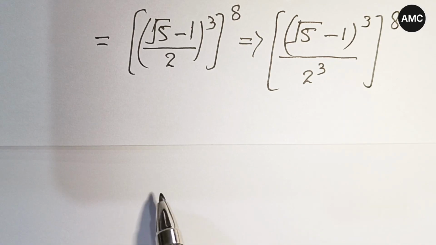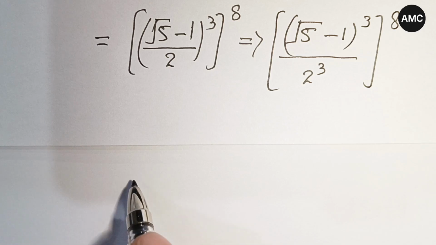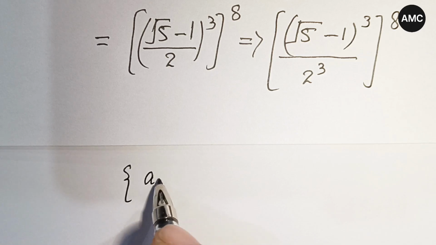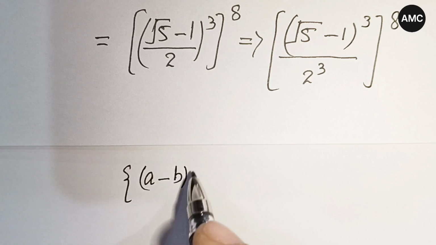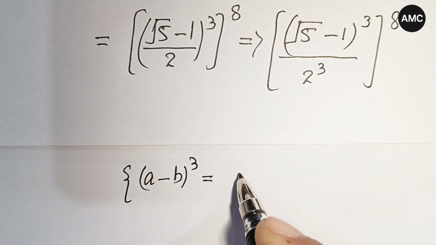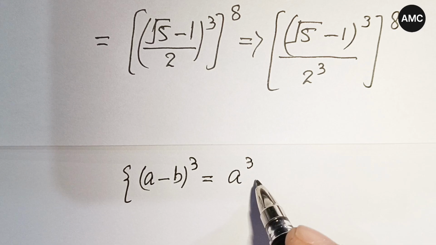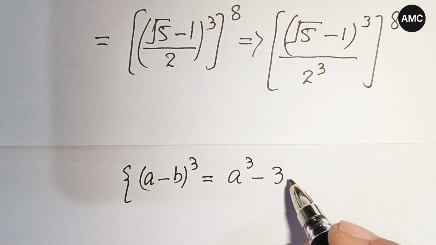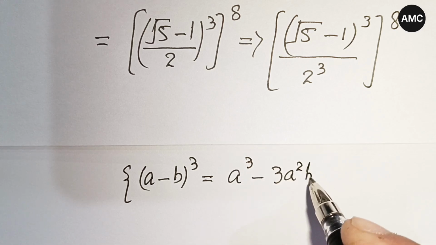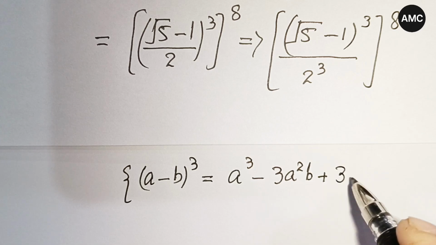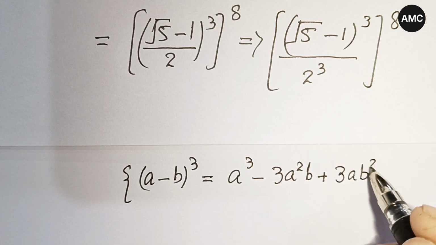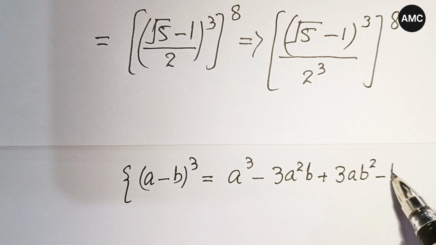If we use this algebraic formula, if we have a minus b whole cubed, it is equal to a cubed minus 3 times a squared b plus 3 times a times b squared minus b cubed.